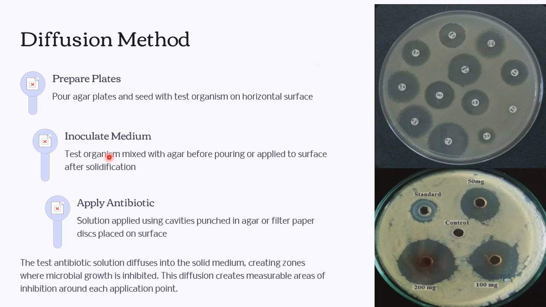The third step is applying the test antibiotic solution to the solid medium, either by making cavities or by using filter paper discs which are previously dipped in the test antibiotic solution.